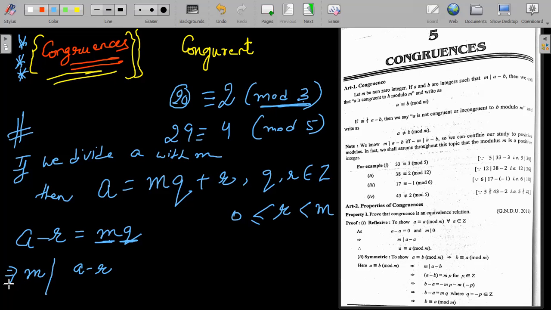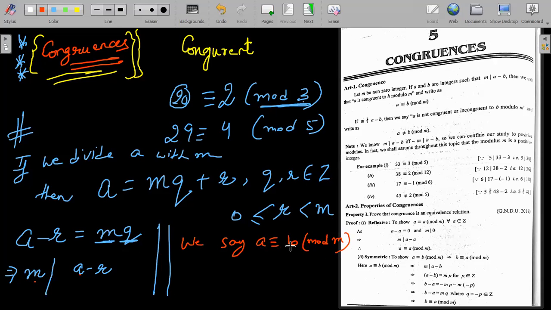So this is another definition of congruence. You see a was the number which you divided by m, and r was the remainder. So we say a is congruent to b mod m. Don't confuse, I am writing b here only because your book writes it that way.